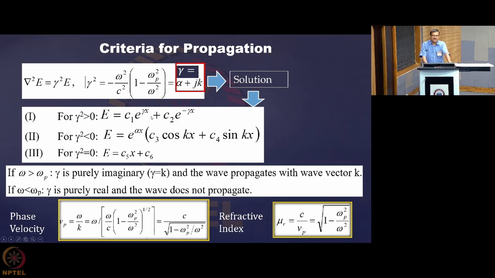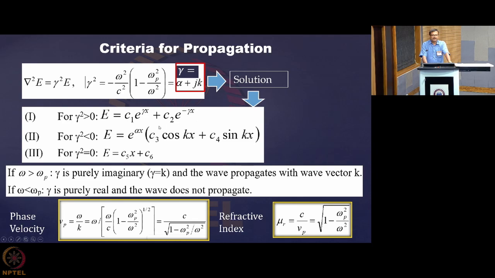So this is a realistic solution with an attenuating behavior with x, and this says that the wave cannot propagate. So if omega is less than omega p, only in that case is this quantity positive, so gamma becomes positive and real.